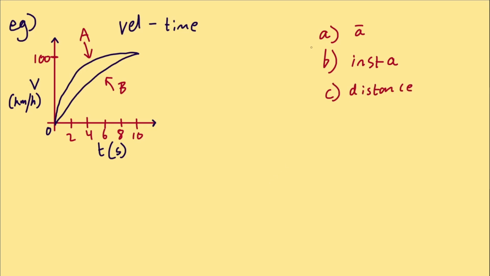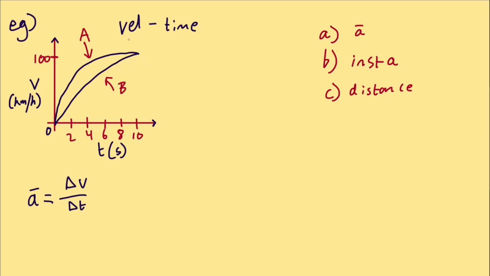So let's start with the average acceleration. The average acceleration is change in velocity over time. And here we can see that this here is the change in velocity and this here is the change in time. So that means the slope is the acceleration.